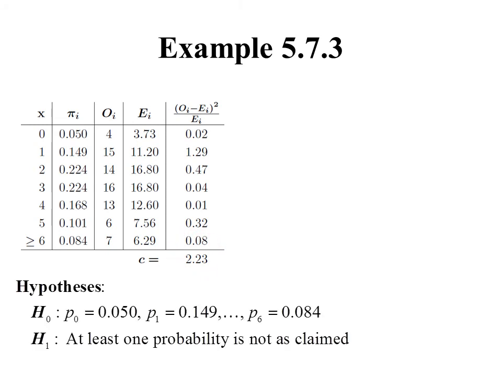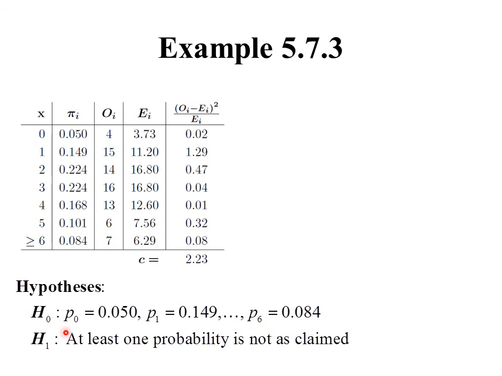Now, let's formally state the hypotheses that we're testing here. The null hypothesis is the statement that p0, the actual probability of 0 dots, is equal to the claimed probability of 0.05, and p1, the actual probability of getting exactly 1 dot, equals 0.149, the claimed probability. And then p2, p3, up to p6 are equal to their claimed probabilities.